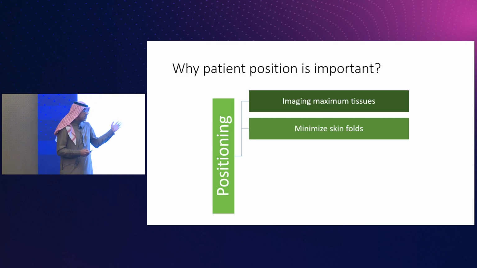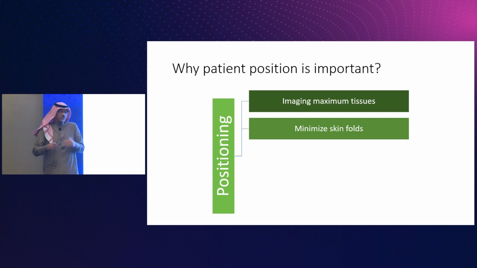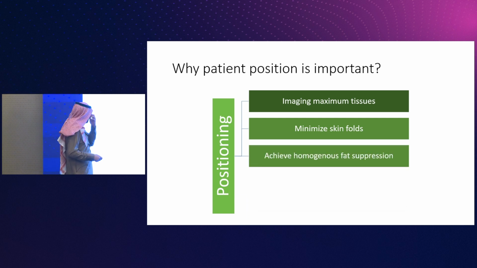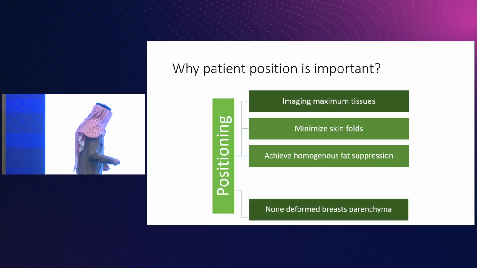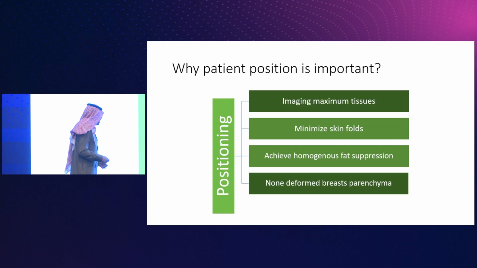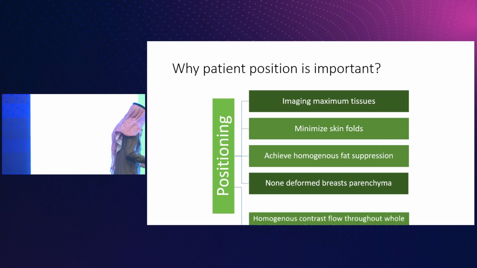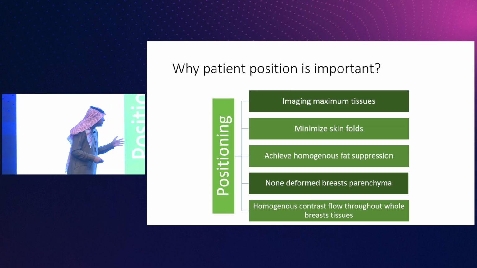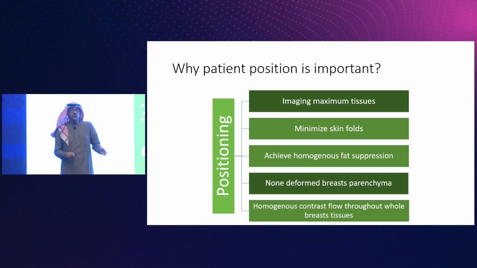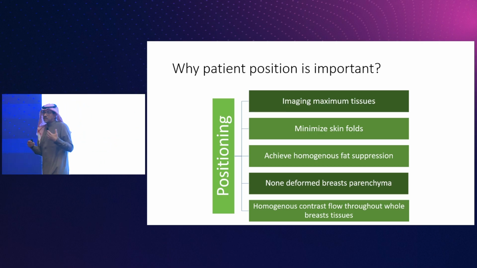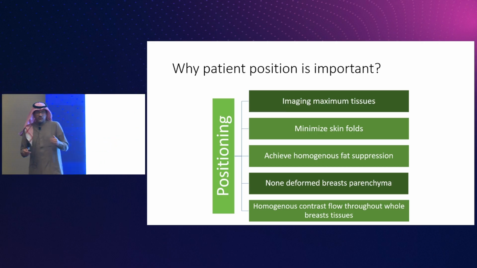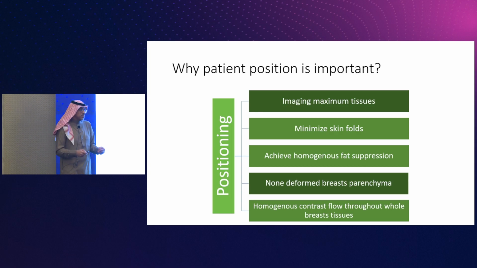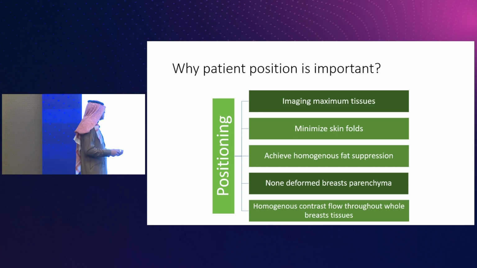And there is a technique, we'll show it in the next slide, for how to avoid the folds. Achieve homogeneous fat sat and provide non-deformed breast parenchyma and provide homogeneous contrast flow through the whole breast tissue. Supposedly nothing should hinder the flow of contrast between tissues, and we will see what causes that.